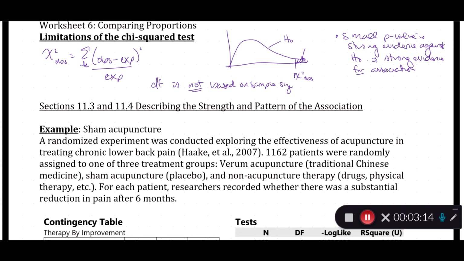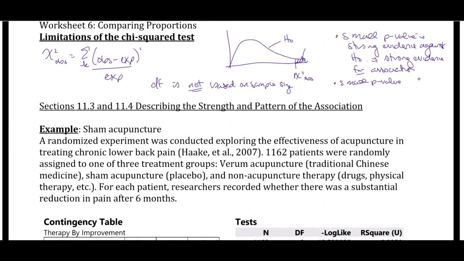However, it does not tell us that we have a strong association. So a small p-value does not mean a strong association.